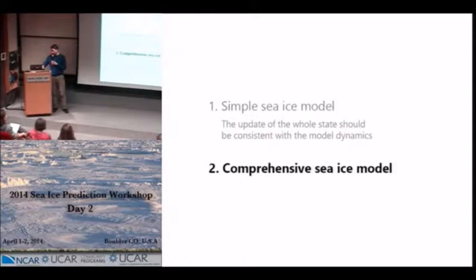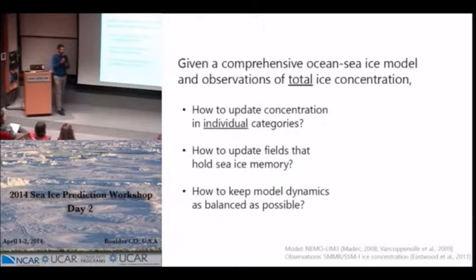Now, if we move to a more comprehensive model, the questions are essentially the same, which is the good news. The first question is, how do we make the interfacing between the grid cell information that is given in the observation and the subgrid scale information from the model?